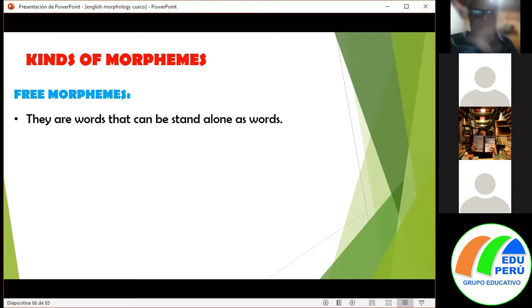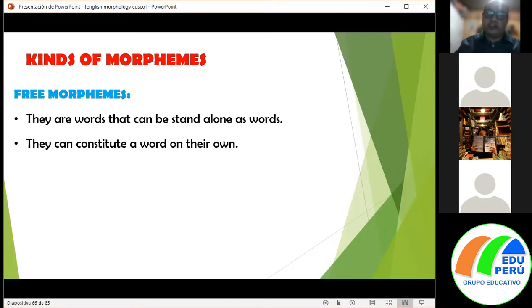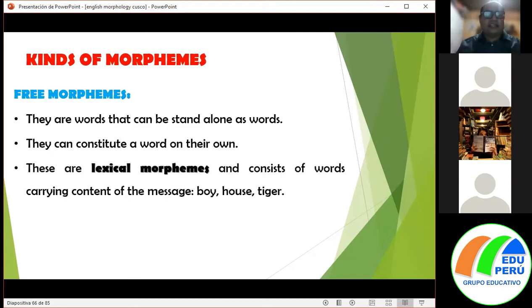Just this morpheme and that's it. They can constitute a word on their own. These are lexical morphemes and consist of words carrying the content of the message. For example, here we have boy, house, tiger.